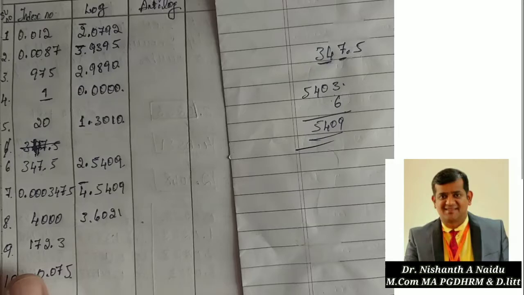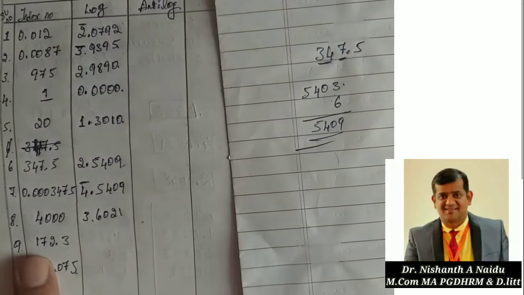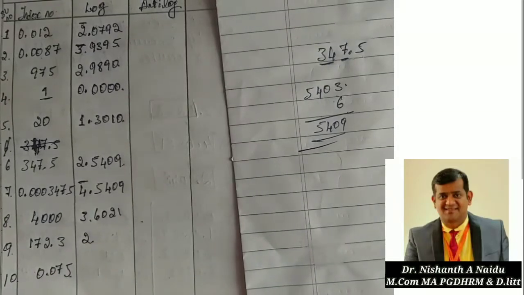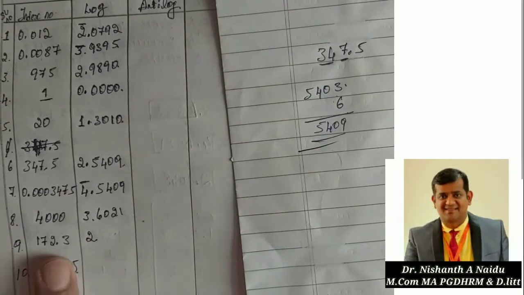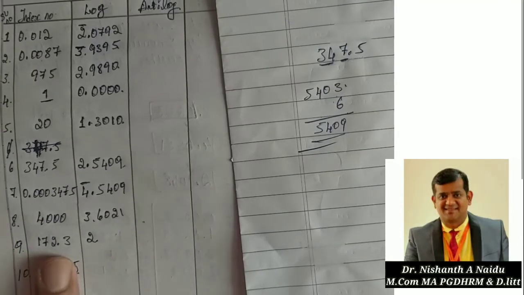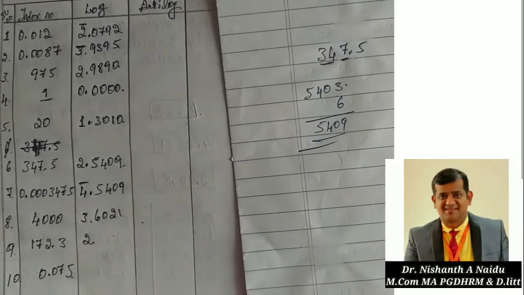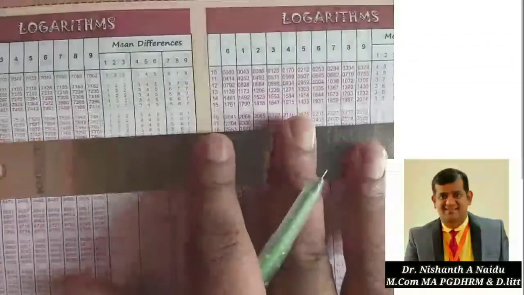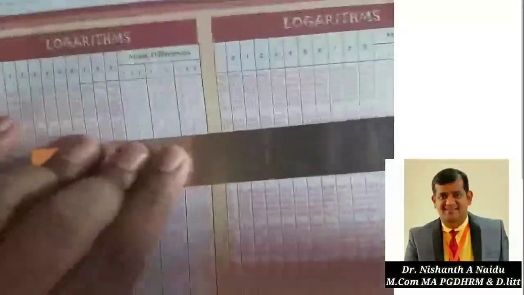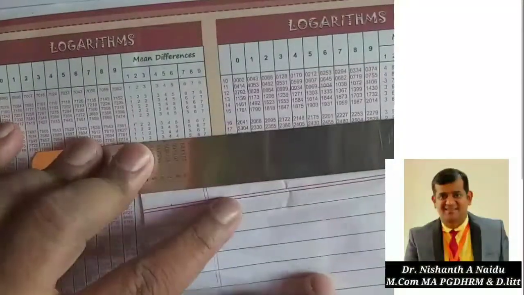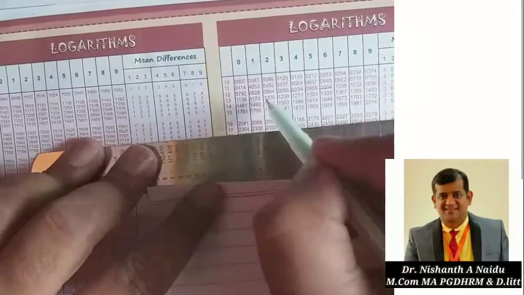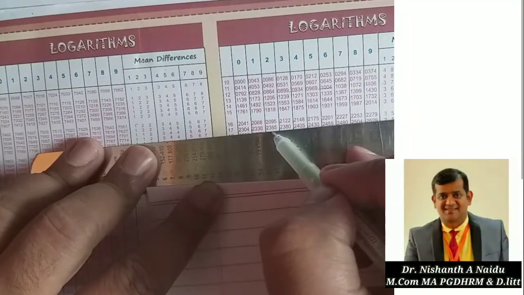6021. Next, 172.3 is greater than 1. So 3 digits. 3 minus 1 is 2. Correct. So now you have to identify 17, 2 in the log table. 17th row, 2nd column. Mean difference 3. I'll show a sheet so that you will also get clarity on that. 17th row, 2nd column, how much? 2355.